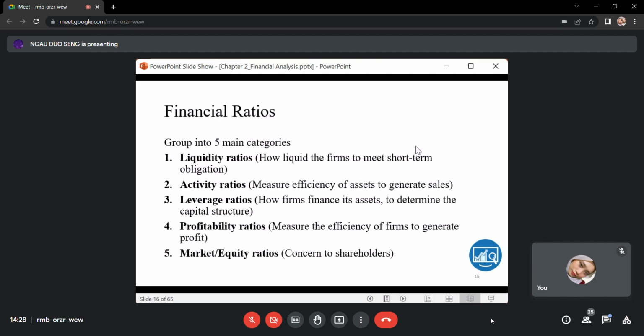Untuk bayar short-term obligation. And then number 2, activities ratio, measure efficiency of asset to generate sales.